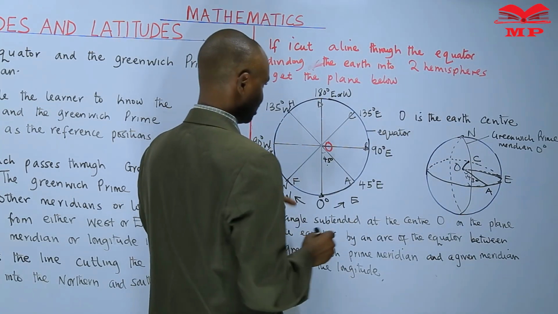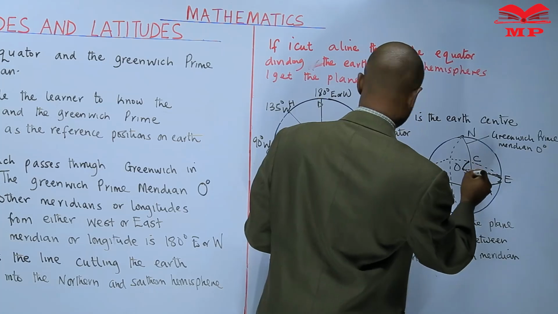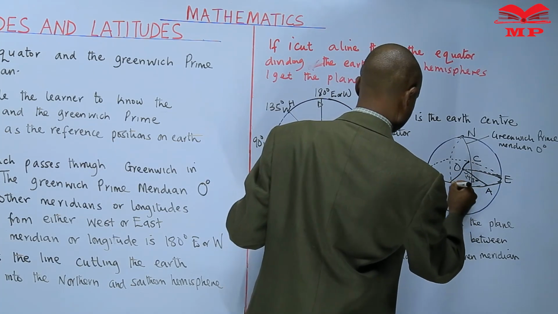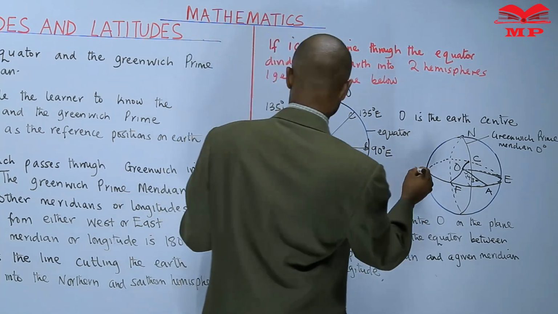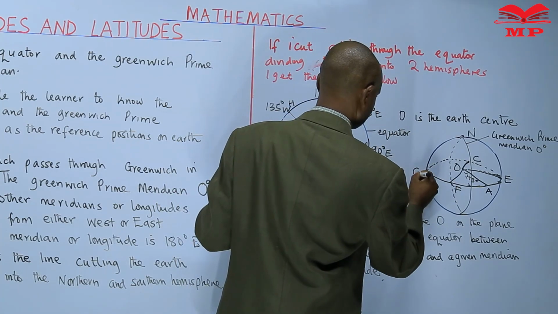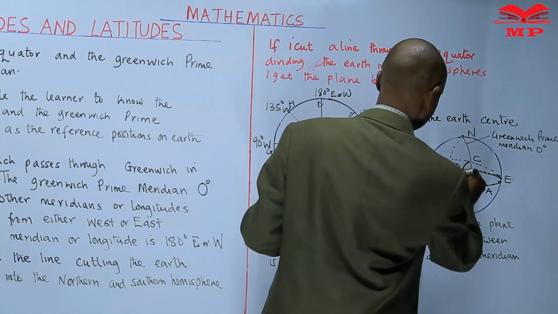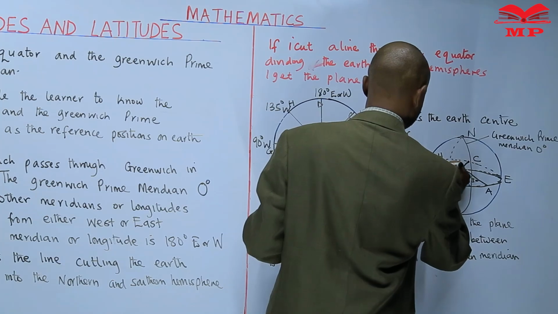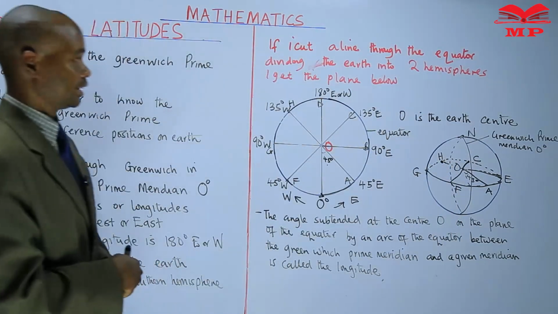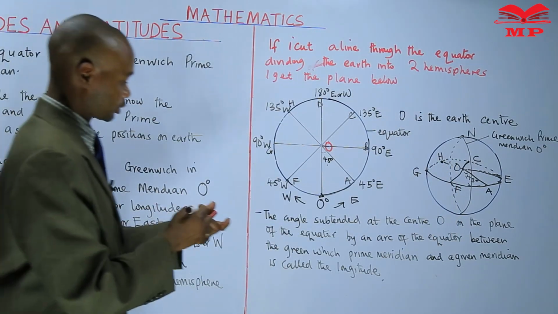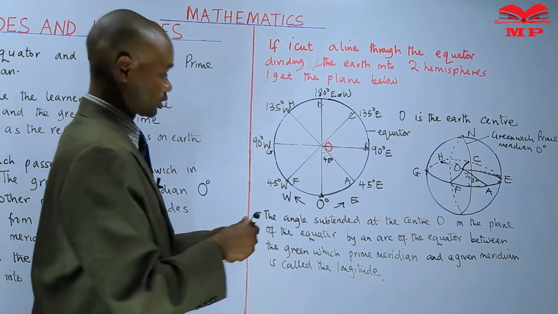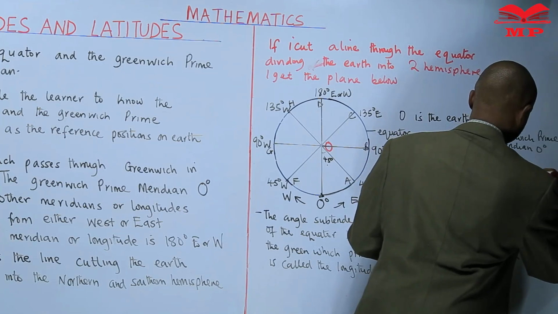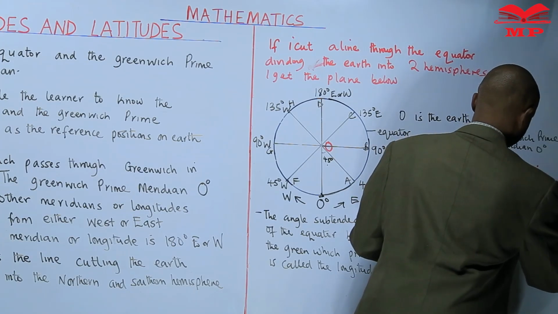If I want to get F, F is here. And that is G. And that position will give H. So this is how it looks on the globe.